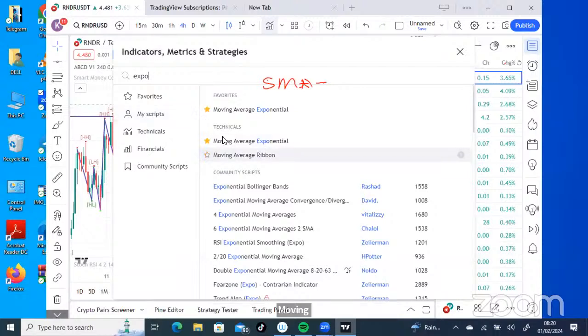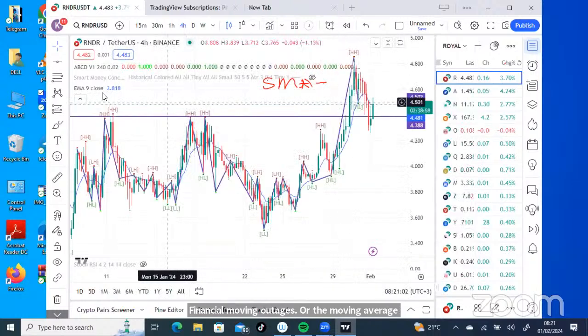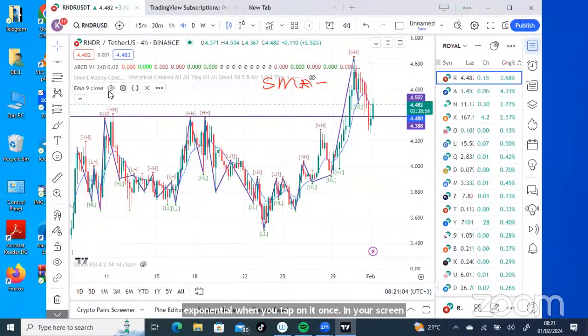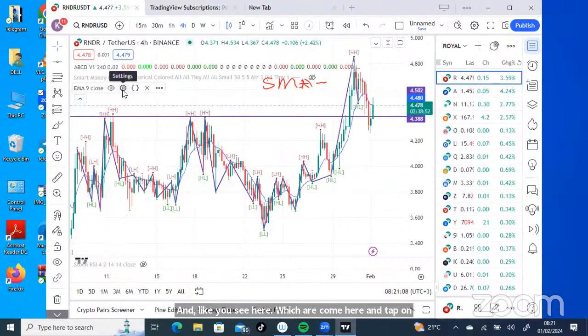And exponential moving averages, or the moving average exponential, when you tap on it once, it will get in your screen. And like you see here, we shall come here and tap on the setting because it comes with a setting.